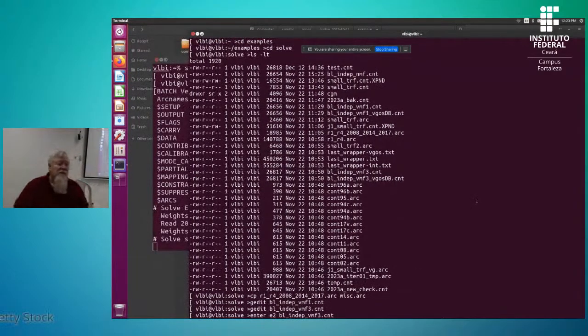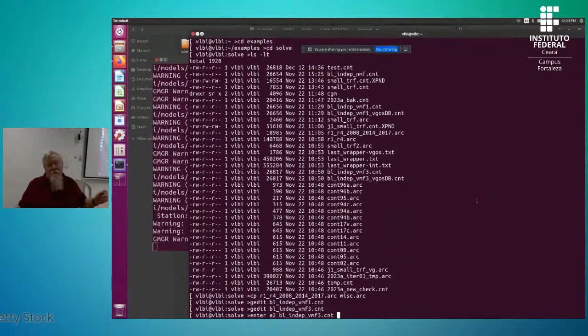The only difference is that we're running these two solve runs, and the only thing they differ in is the mapping function they use. One uses VMF1 and one uses VMF3. This run will take about 6 or 7 minutes, I think.